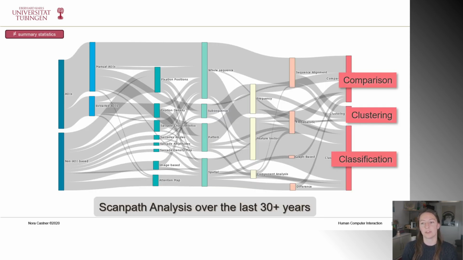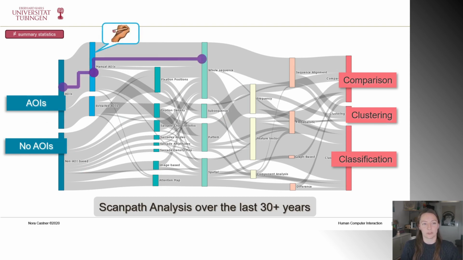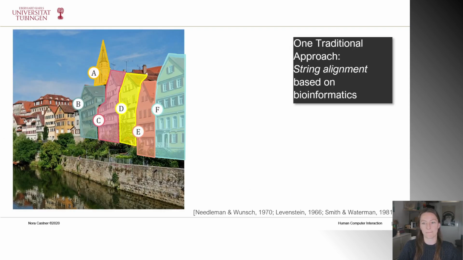There are many approaches to scan path analysis, and if we want to focus on these semantics, what are they looking at, we tend to use areas of interest, or AOIs. And one well-known method that uses these AOIs is string alignment. String alignment compares how similar 2 strings are to one another.